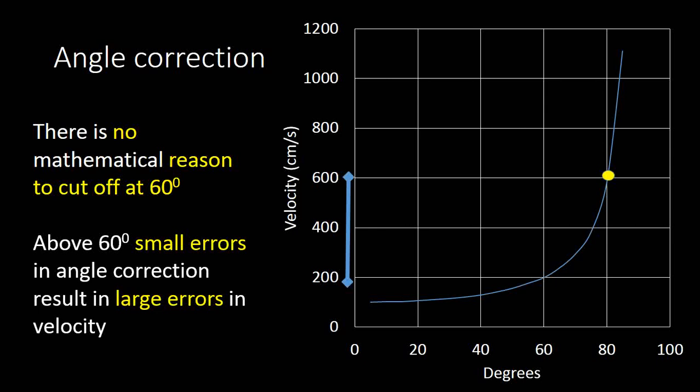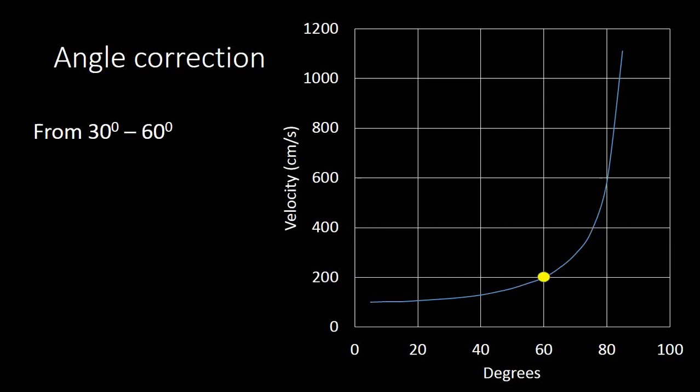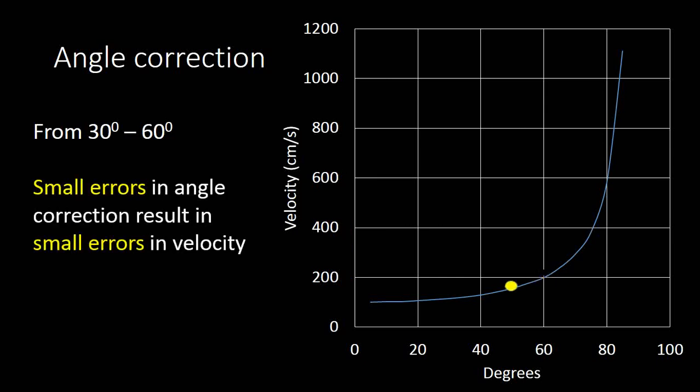So if you're at 65 degrees angle of inclination and you are just off by 5 degrees, that's going to affect the calculated velocity a lot more than if you are at 40 degrees and you make a small error in your angle correction. Because you can see the slope of this line is a lot less down here between 30 and 60. So making small errors in your angle doesn't impact the velocity as much as making small errors in angle on this part of the curve where the slope is much greater.